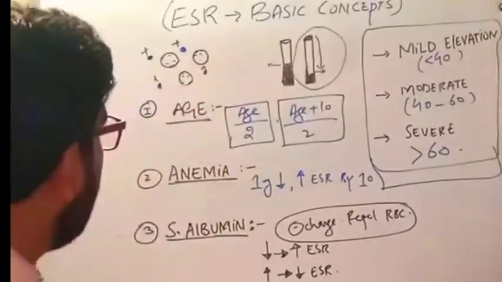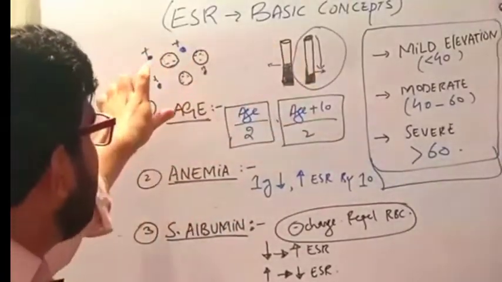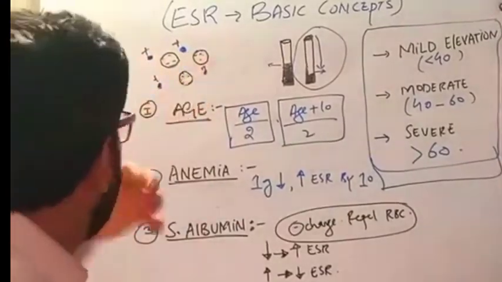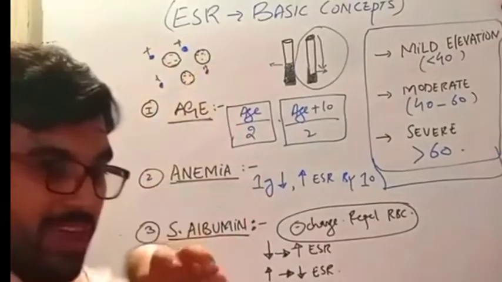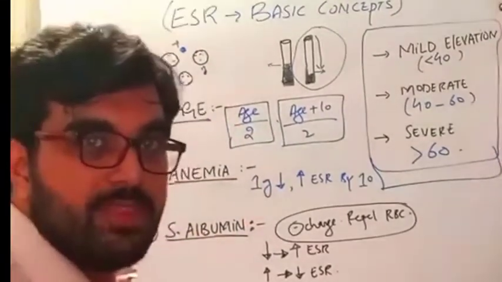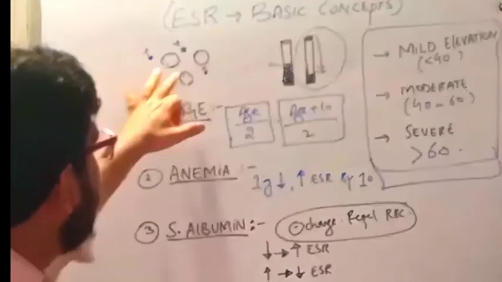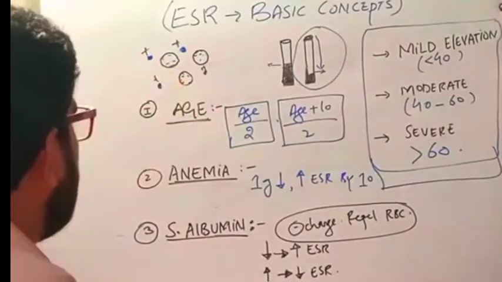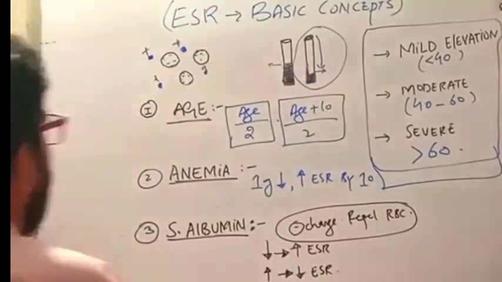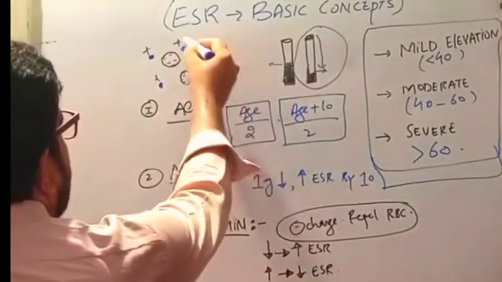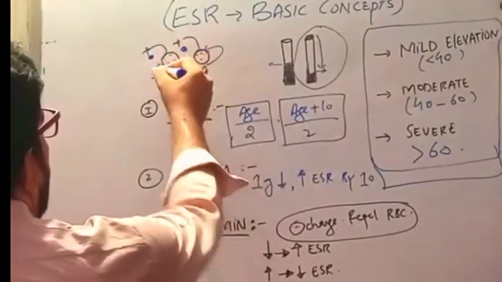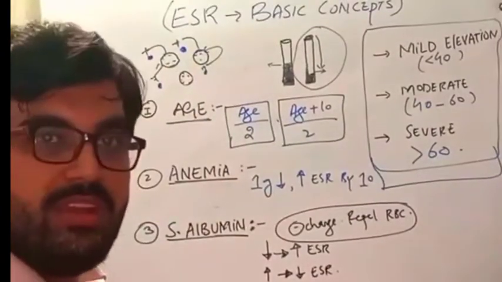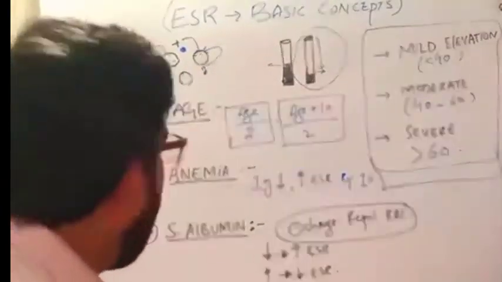Now coming toward the basic concept, that is the RBC is having negative charge. So one RBC repels another RBC. But there are proteins in the blood which are having positive charges. So what does this protein do? They neutralize these negative charges. When these negative charges on the RBC are neutralized by the protein in the blood, what happens?